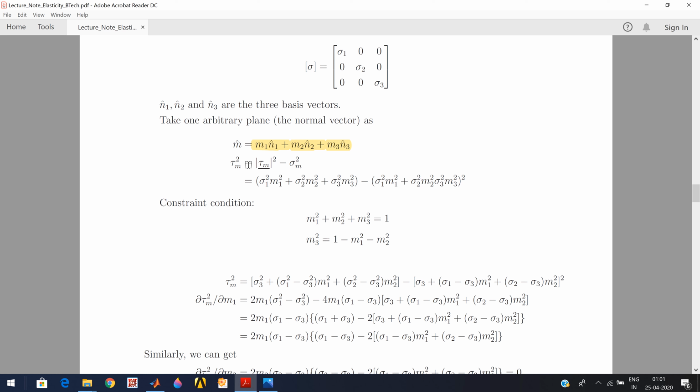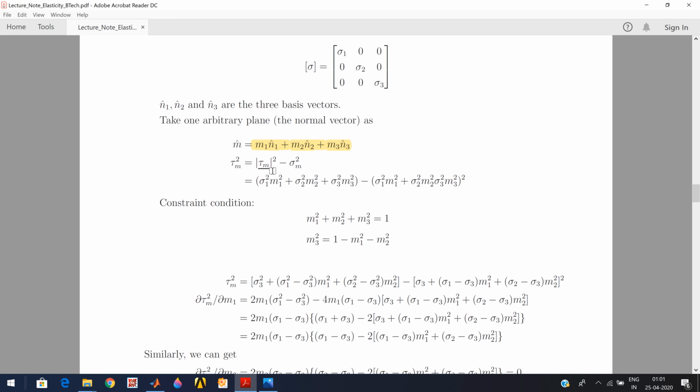Because for shear stress, we know that the sign is not that important, whether it is positive or negative, the behavior of the material will be the same.